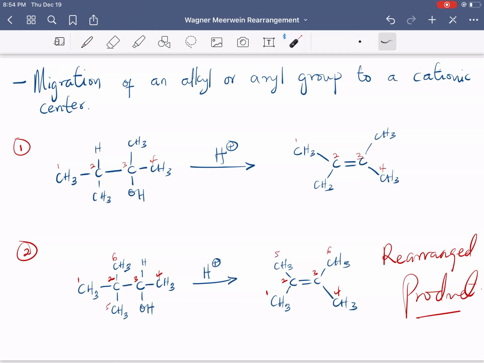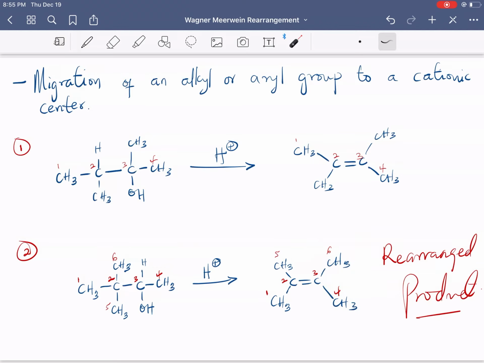Now in our reactant side, this carbon 2 has 3 methyl groups. When we come to the product side, this carbon 2 has only 2 methyl groups. In the same way, carbon 3 in the reactant side has 1 methyl group, whereas in the product side, this carbon 3 has 2 methyl groups.